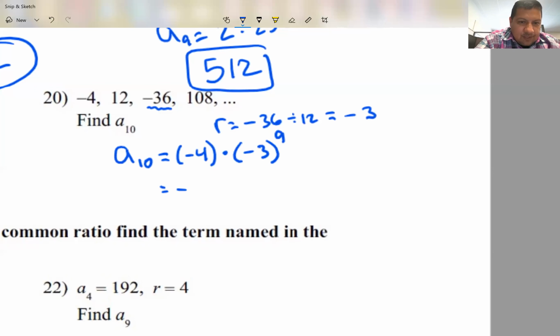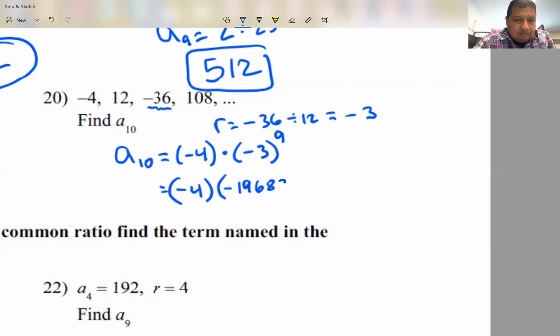My first number is just a number, -4. Remember, I'm using parentheses when I use negatives. Now, -3 to the 9th, I'm going to type it in. I have a calculator and I type this in. -3 to the 9th gives me -19,683.